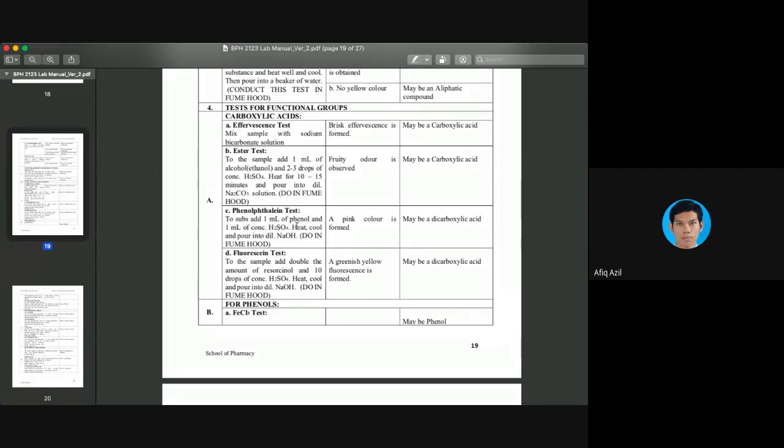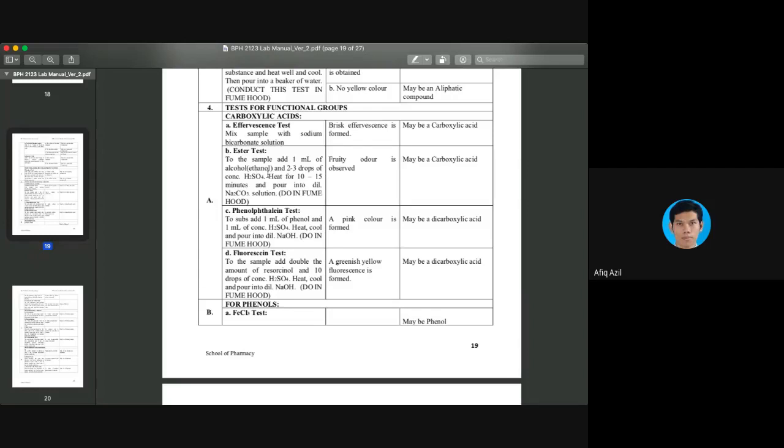Okay, and then the ester test. In the ester test, if you mix the carboxylic acid with alcohol, for example, in this case, ethanol, this will produce an ester. But for phenol, if you want to convert it into an ester, it does not follow the same reaction reagent.